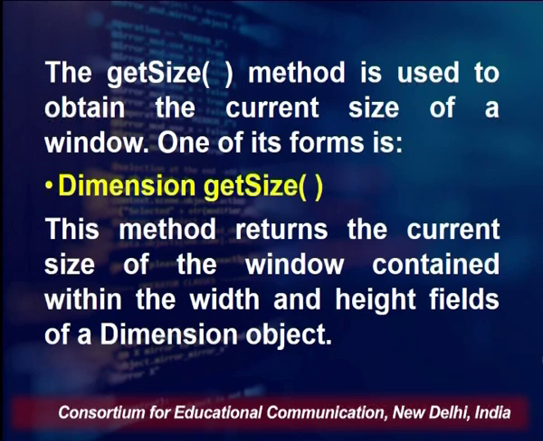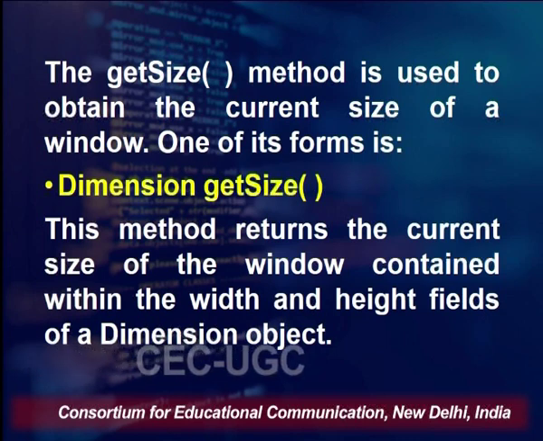Now, this was about setting the size. Let us say we actually want to obtain the current size of the window. In order to get the current size of the window, we are going to use the getSize method, and one of its very general forms is given on the screen, which says getSize. This getSize does not accept any parameters, rather it returns a value of type Dimension.